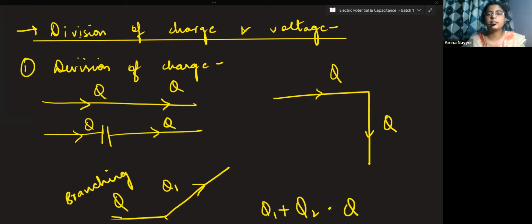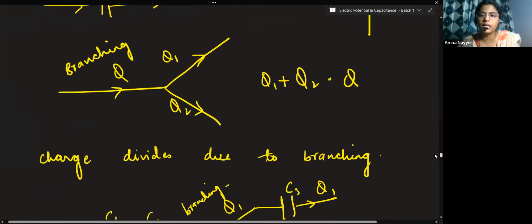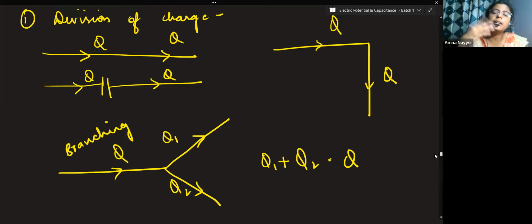Now let's start. In the last class, I just told you in brief how to decide whether the charge will divide or whether the voltage will divide. If you see any sort of branching like this, I think you didn't write it in the last class, so right now you can write it. Any kind of branching means a different wire is there, then the current divides.